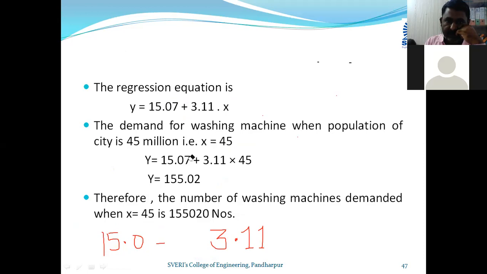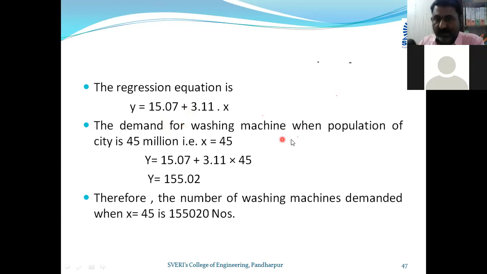Here you can see these x and y values. I will write the regression equation as y is equal to A plus bx, A value 15.07 plus B value 3.11 into x. So this is the value we have achieved.